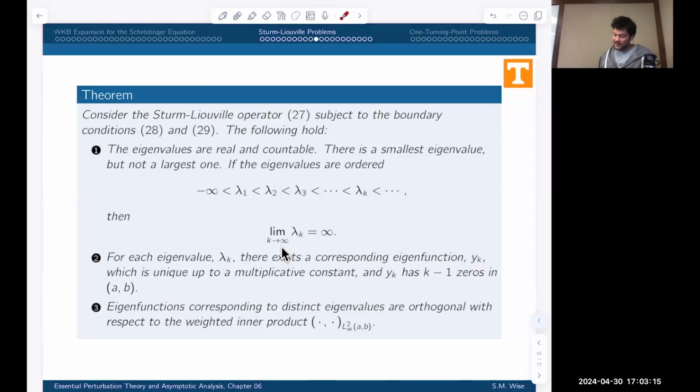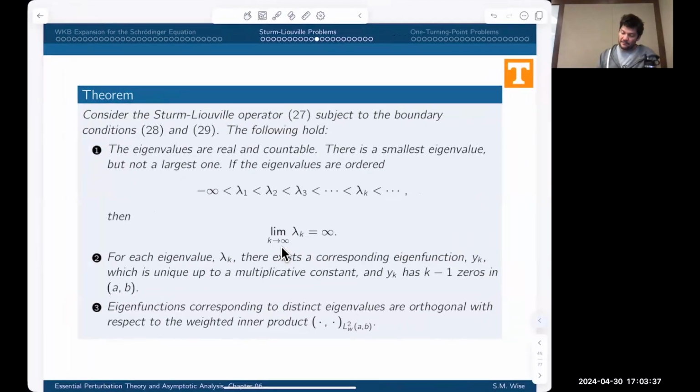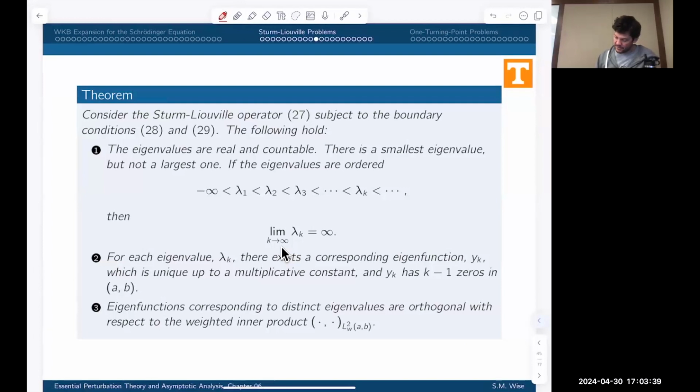Here's another interesting fact. This is cool as heck. So yk is unique up to a multiplicative constant and has k minus 1 zeros in the interval a to b. You can see this with sines and cosines as well. In that canonical example, the eigenfunctions are sine of k pi x.